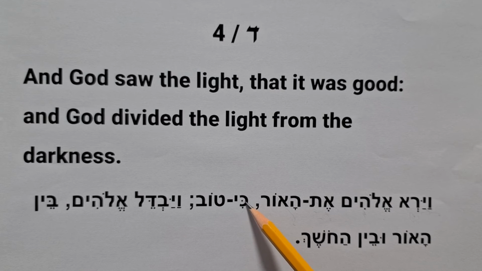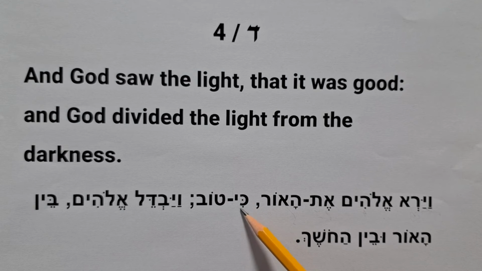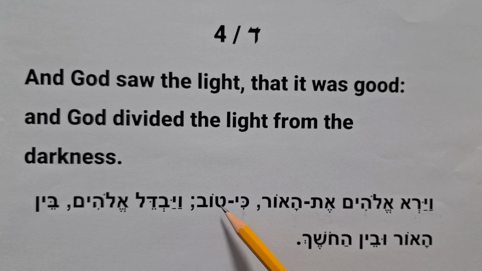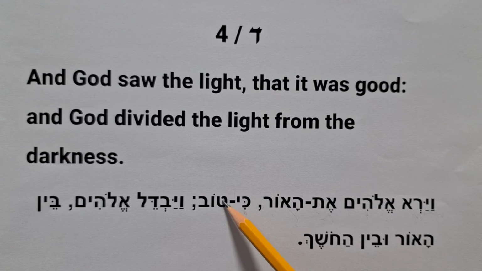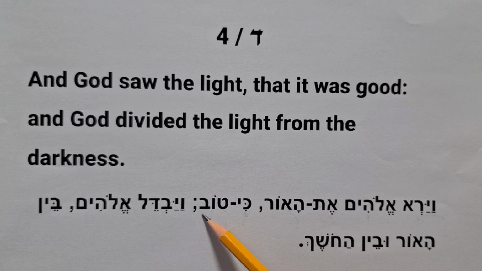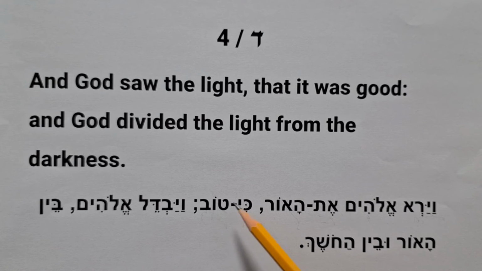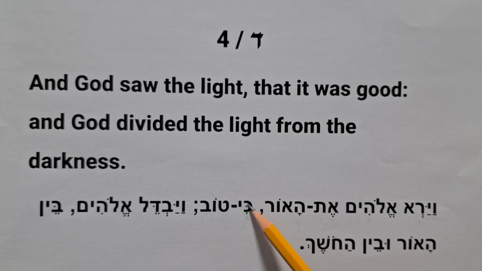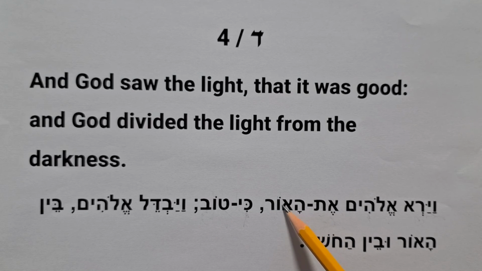Ki, kaf with the dagesh, so it's k, and chirik with yod, ki. Tov, tet. It's like the sound of taf, but it's tet. And tet with cholam male, again vav, so it's to, and bet, v, tov, because there is no dagesh, so it's tov, it's good. Ki tov, because good. Ki, it's because, and tov, it's good. And or is a light, if you remember.